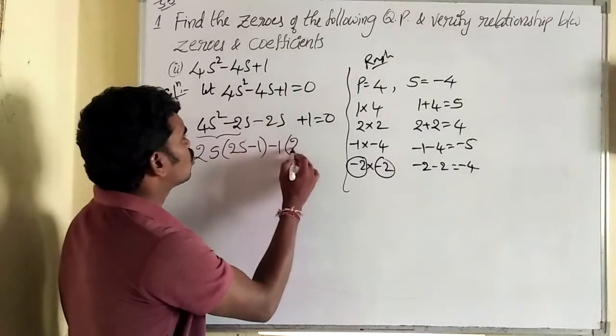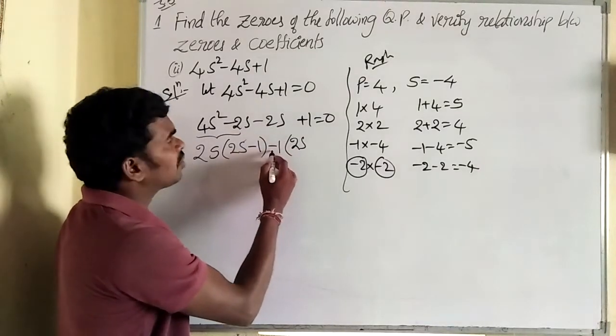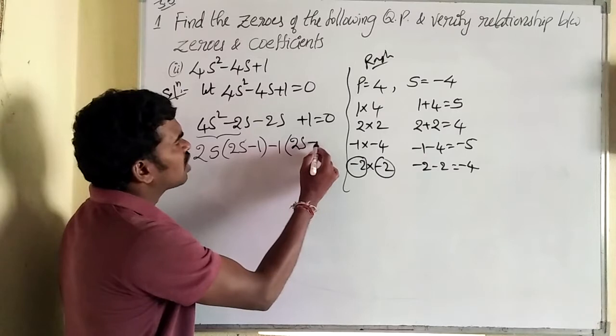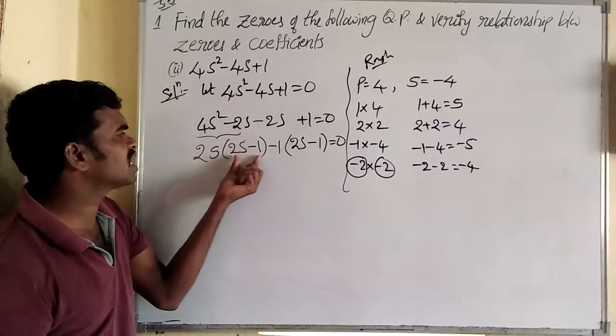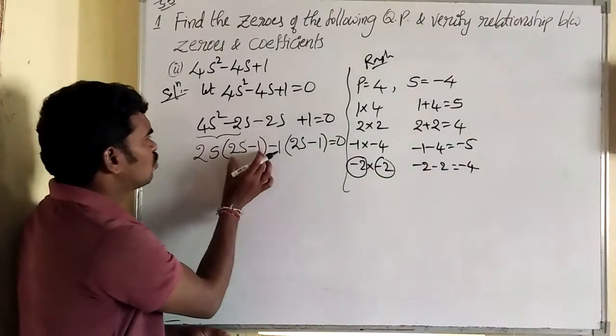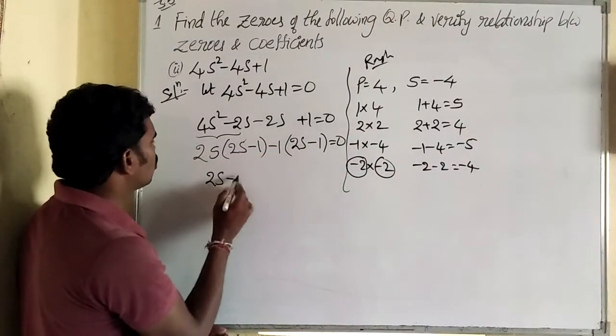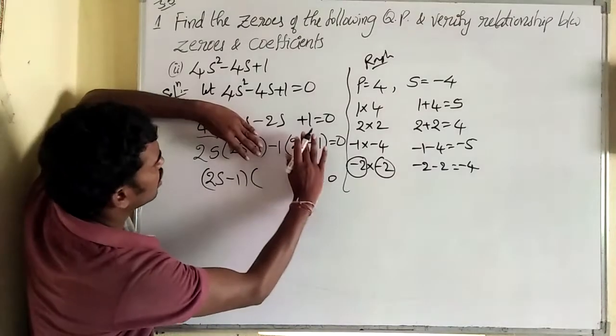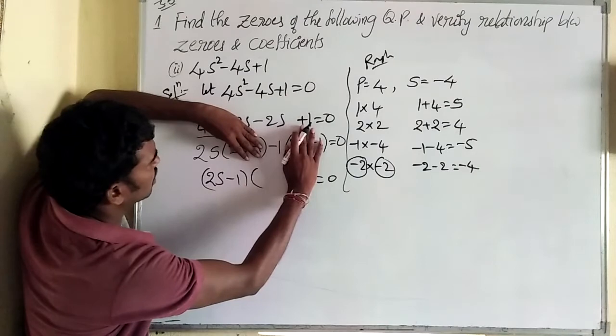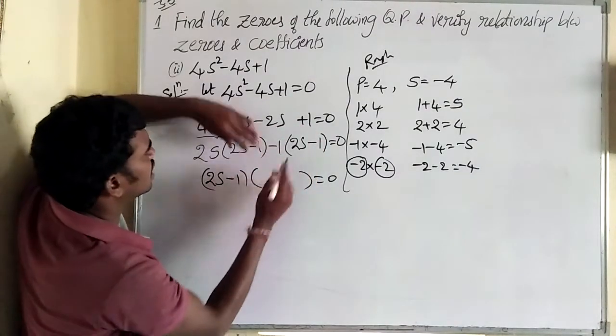So now remaining is 2s. I have taken minus common, so in place one more minus will be remaining. So now what is common again? 2s minus 1 into 2s minus 1. Both terms have 2s minus 1, the same. So take 2s minus 1 out common, and then what are the remaining terms? Remaining here 2s and here minus 1.